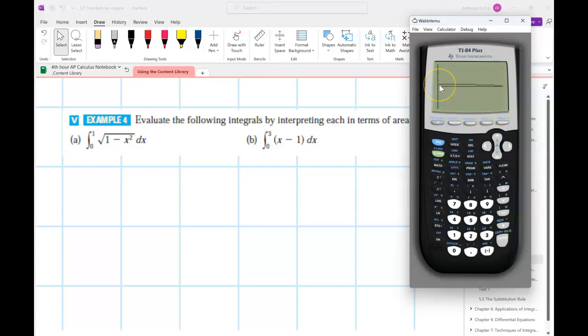Well, I got a lot of extra ups and downs, right? Can't really tell what this looks like. But it looks like everything happening between 0 and 1 on my y. So I'm going to change my y min to be 0 and my y max to be 1. And try again. What does that look like to you? How much of a circle? 1/4. I agree.